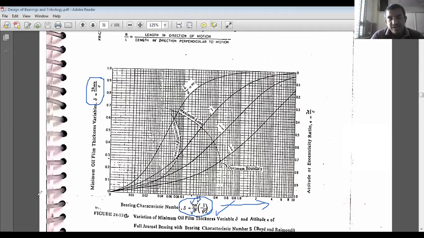How do you determine it? From the given S value and L by D ratio. For example, suppose S value is 0.2 and L by D ratio is 1. In this curve, take the horizontal line. This is the way you have to calculate delta. When it comes to solving the problem, you will know how to use the figure.